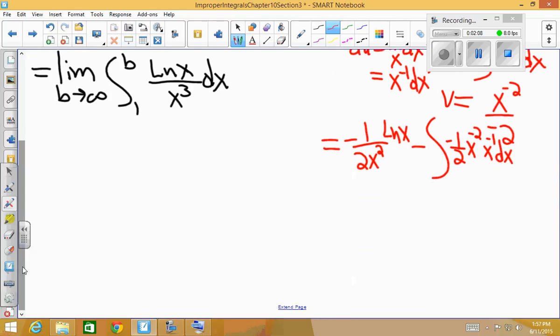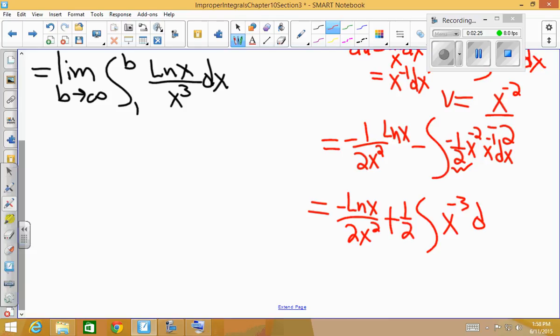So we're getting there. Negative natural log of x divided by 2x squared. The negative 1/2, I suppose, could come outside. And we really have the integral of x to the negative 3. You add the exponents when you're multiplying those two powers of x together, and you get negative 3.